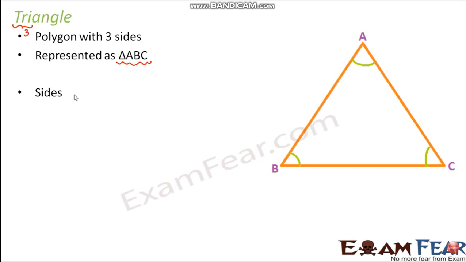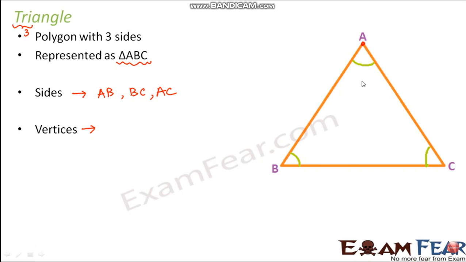When we say sides, what are the sides of this triangle? AB, BC and CA. These are the three sides of triangle ABC. And next, the vertices are A, B and C. The vertices are these points where the sides meet.